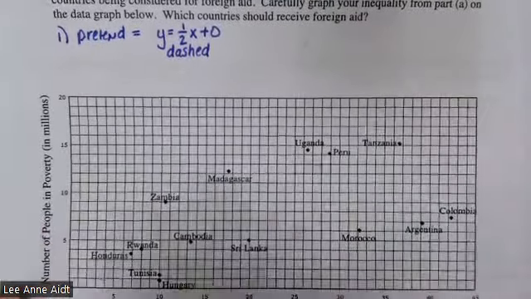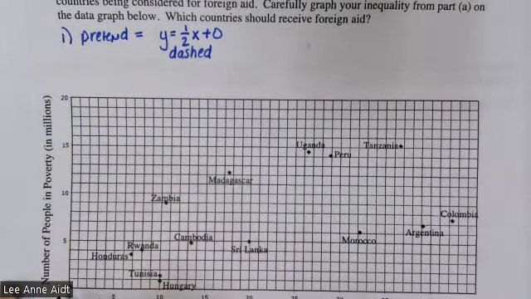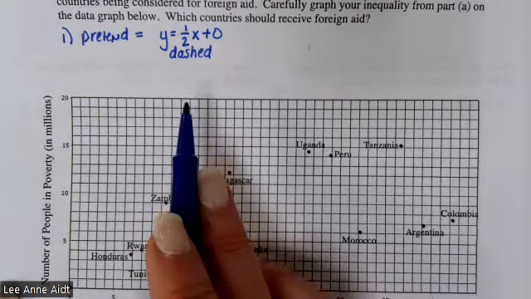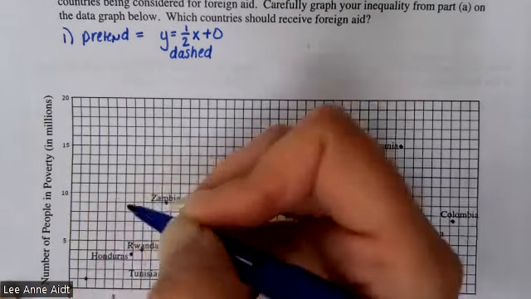Yikes. Okay, so it starts at 0. So notice the origin is down here in this corner. And then it says the slope is 1/2. So up 1 over 2.